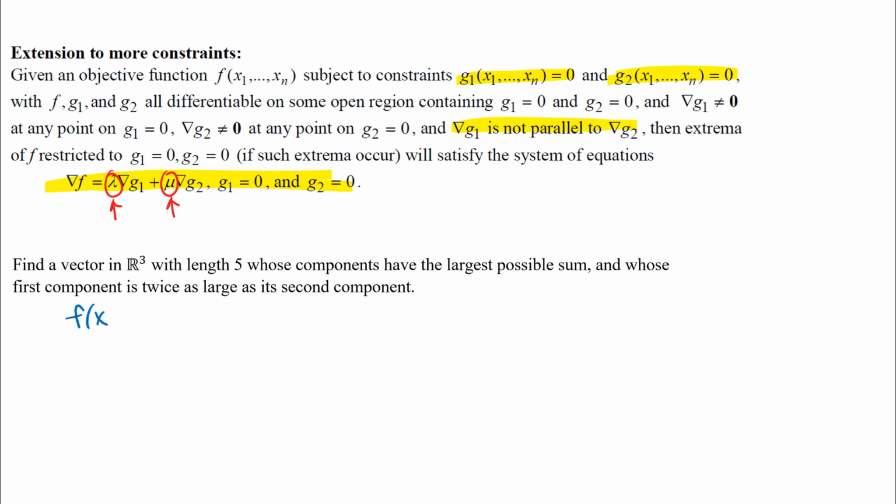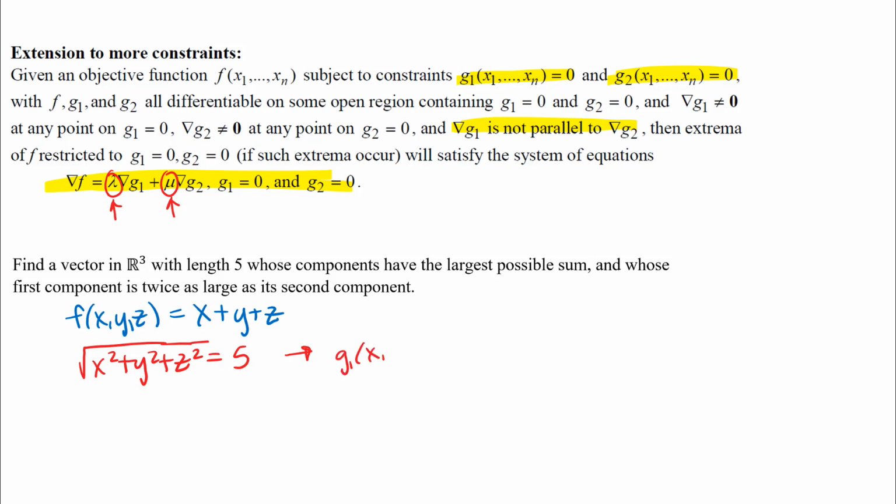So our function that we want to maximize would be x plus y plus z, and then one of our constraints would have to do with the magnitude of the vector being 5. So we would need to translate that into an equation of x, y, and z equal to 0, and we'll do that in one of the later videos.